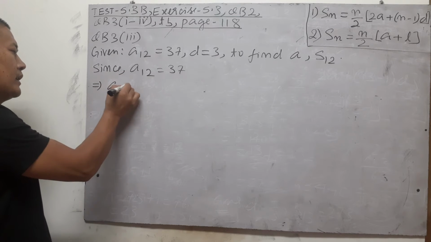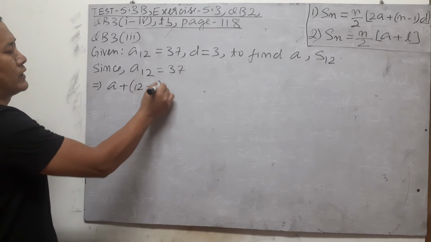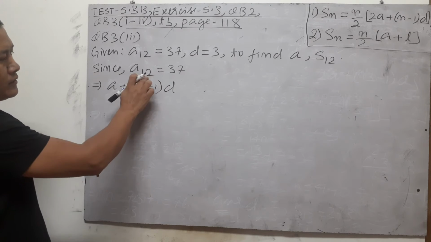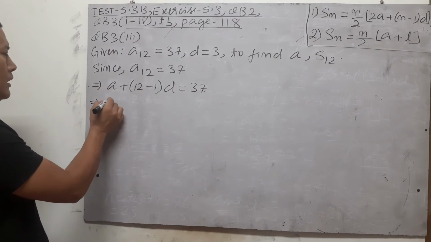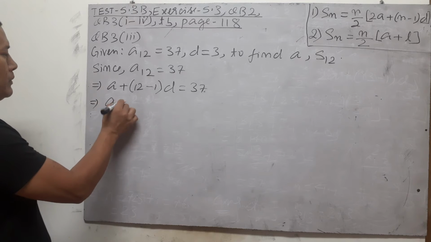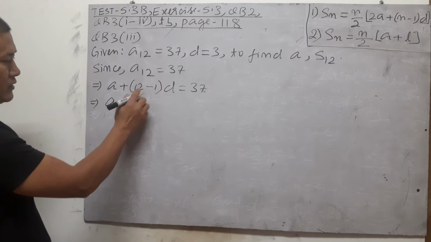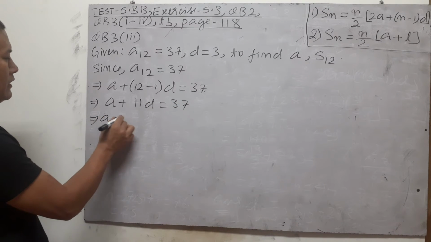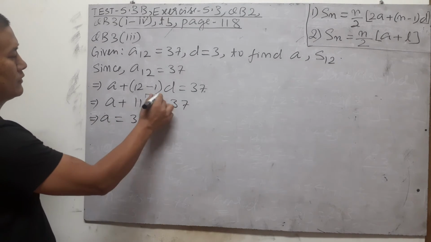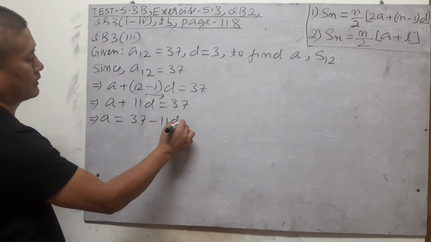A12 can be written as A plus 12 minus 1 into D, because n is 12, known. 37 equals A plus 11D.